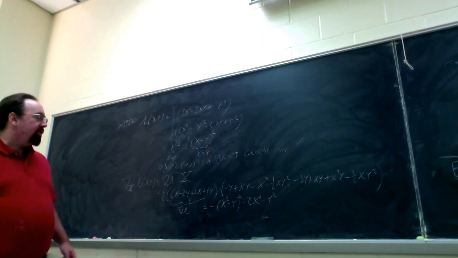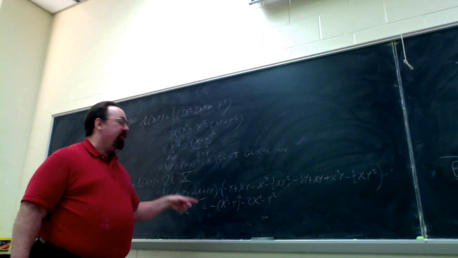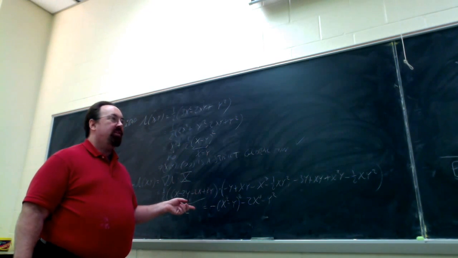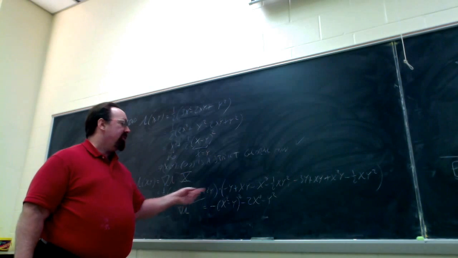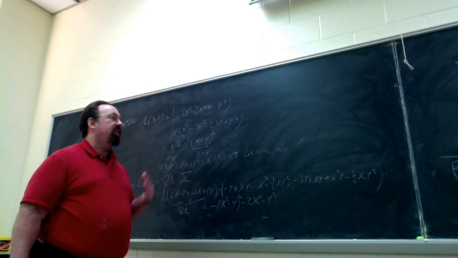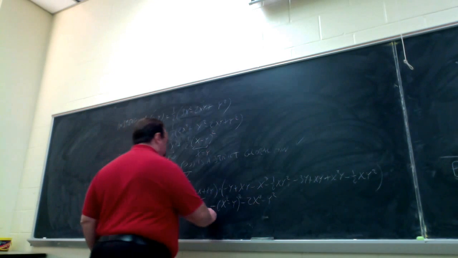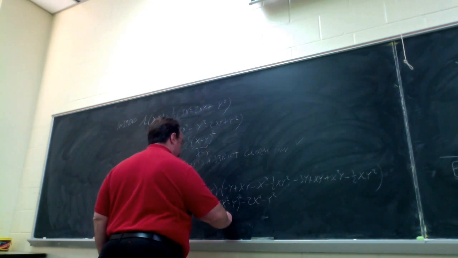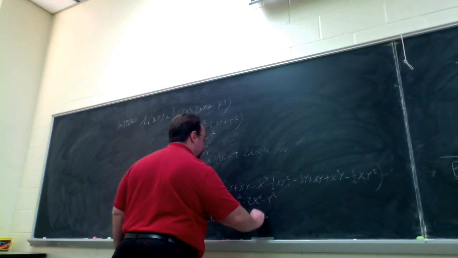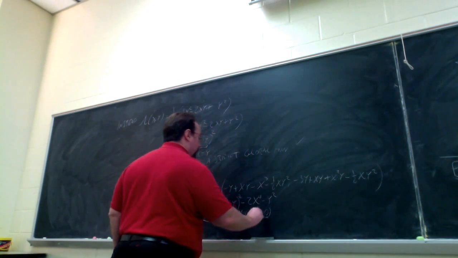Notice all these are terms raised to an even power, but they're negative. The only time it's going to be equal to 0 is at the origin, at 0, 0. But we don't care about that point. We're looking at points near the fixed point. So this is going to be strictly negative for x, y not equal to 0, 0.